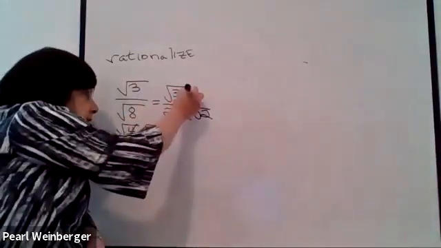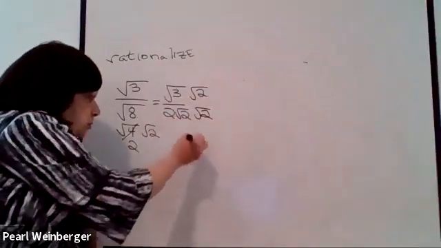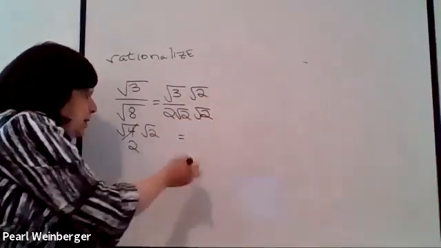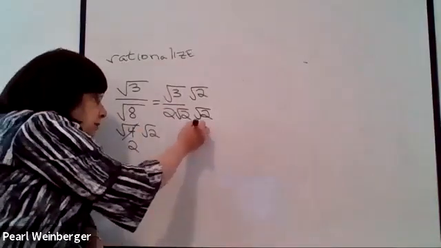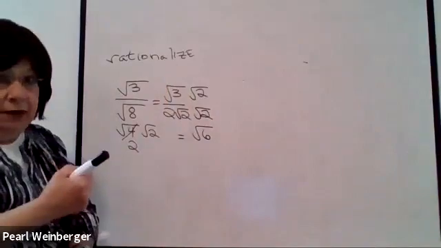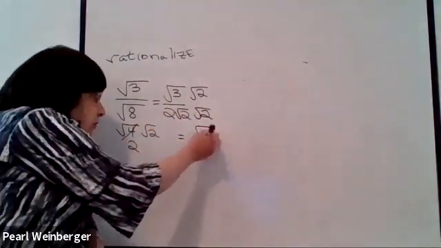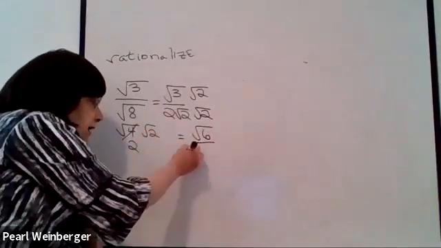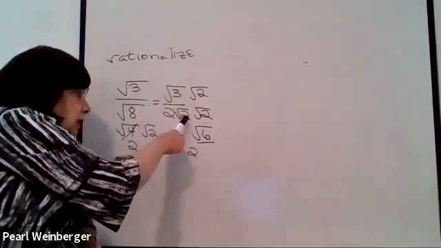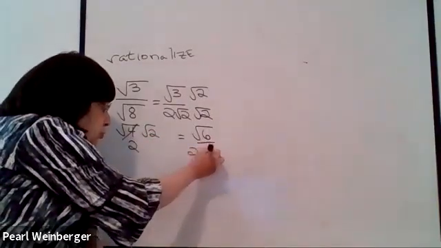But of course, then I'm going to have to multiply the numerator by radical 2 as well. So that'll end up giving me radical 6, because 3 times 2 are both inside the radicals, they get multiplied together. And over here, the 2 is on the outside, that's that 2. And now I have radical 2 times radical 2, which is also a 2.